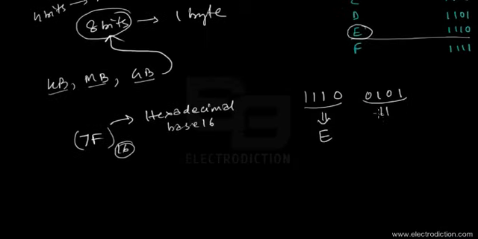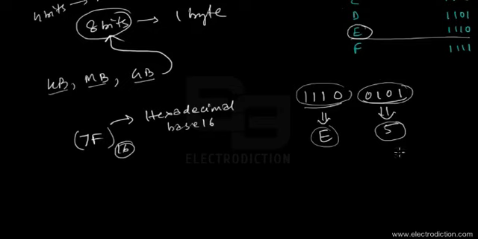You can see how easy it is to represent binary data in terms of a hexadecimal number. This particular number you can represent as E just by looking up the charts, and this one you can represent as 5.